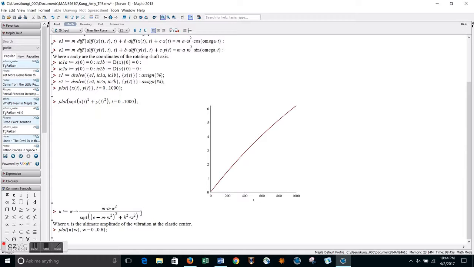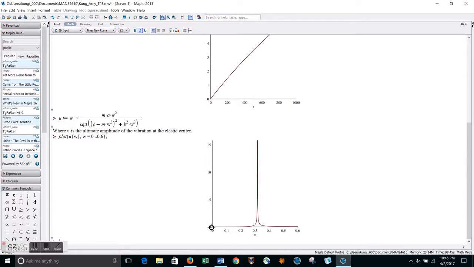Okay, so let's go back to this equation for the ultimate amplitude of vibration. Assuming all the physical properties of the system are locked in, right? The mass, the offset, the damping, the elastic force of restitution, this amplitude will only be affected by the angular velocity. So if we plot this, we get the following.